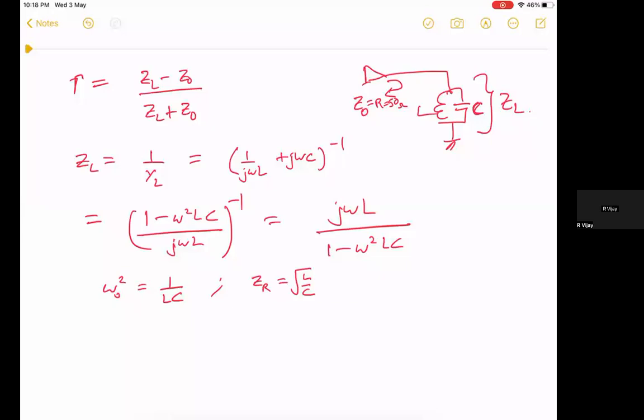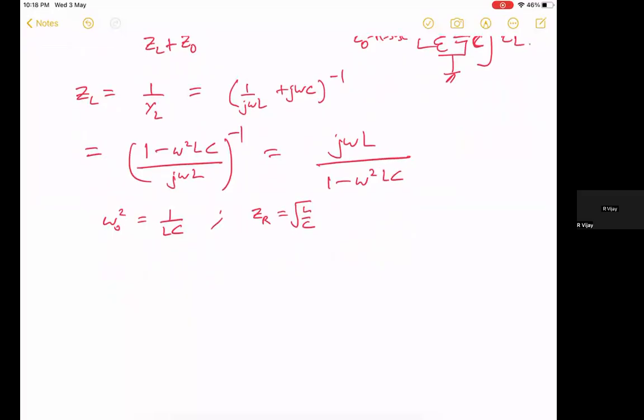Okay, so when you now write it like this, I can rewrite this as 1 minus omega square over omega naught square. Right, so just substituting 1 over omega naught square for LC over here.